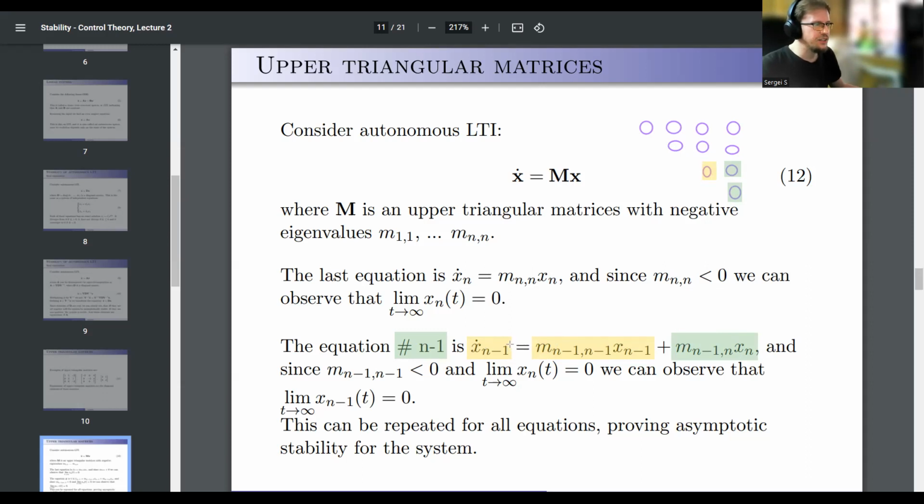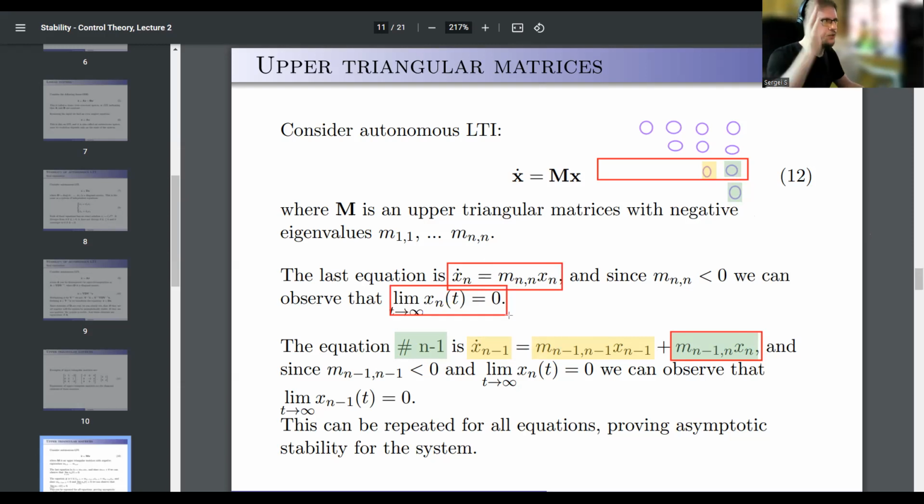Okay, so let's consider the equation before the last, the equation that has to do with the penultimate row. In this equation, we can observe that this component here will go to 0. Why? Because this goes to 0. So as time goes to infinity, this component will go to 0.